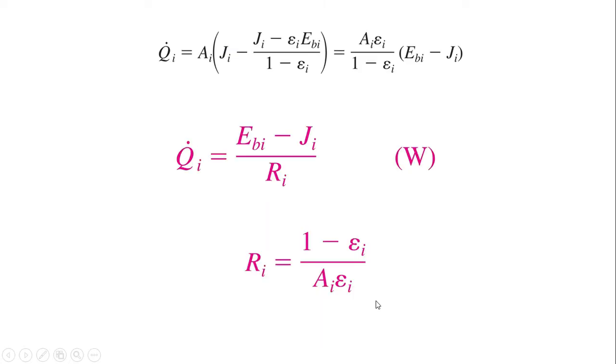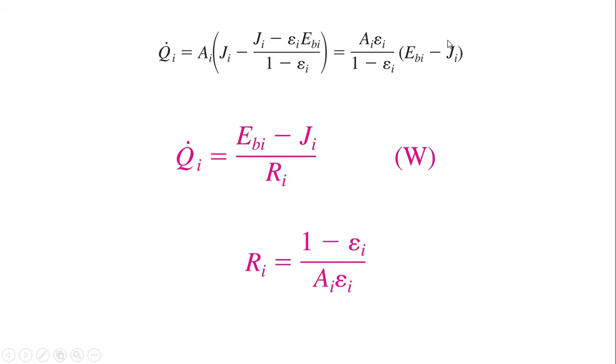Let me just go to the next slide. So this is the same expression that I have mentioned in the previous slide. After putting the value of Gi, that is the radiation flux, and after simplifying that, we will have this expression. So this is the constant terminology, and if we rearrange this expression, Ai and epsilon can be taken over this value, that is 1 minus epsilon over Aiε, as I have mentioned over here, and this could be represented by the resistance of that particular surface i, right?